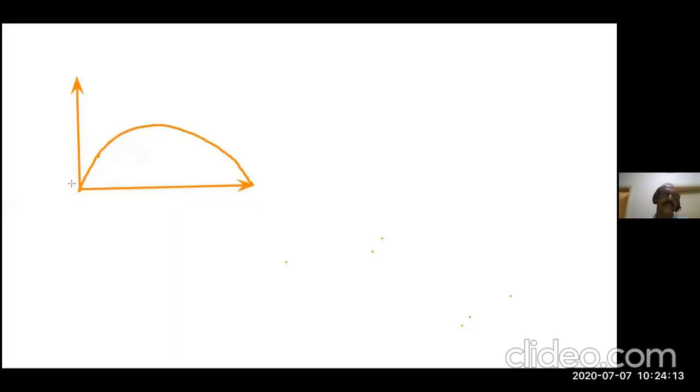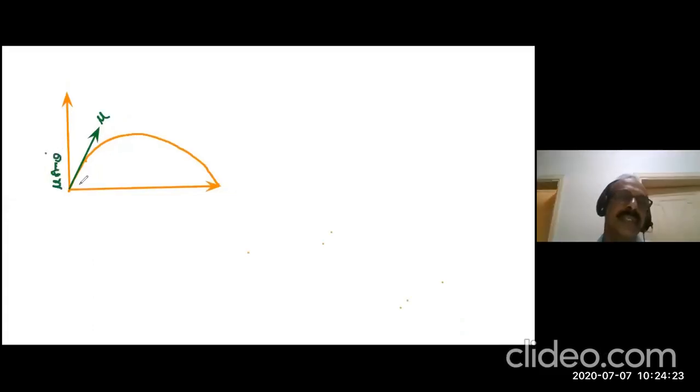Here, this is projected with an initial velocity u. Vertically, it has a velocity u sine theta. Theta is the angle with the x-axis. This is u cos theta.